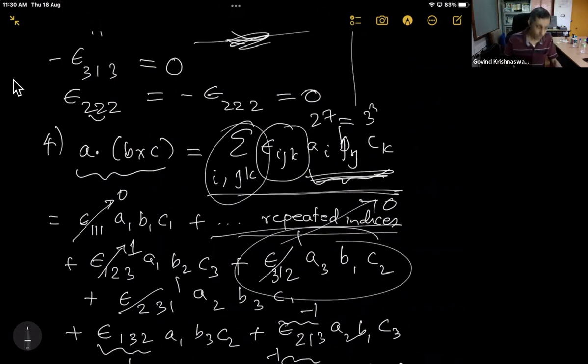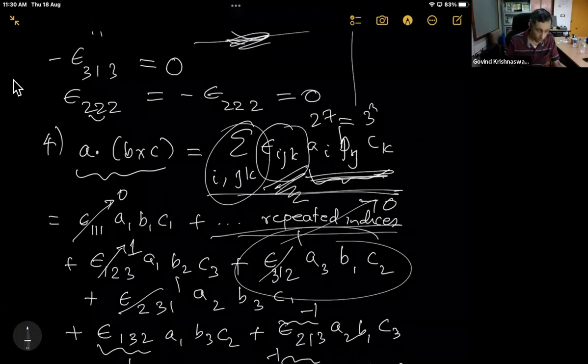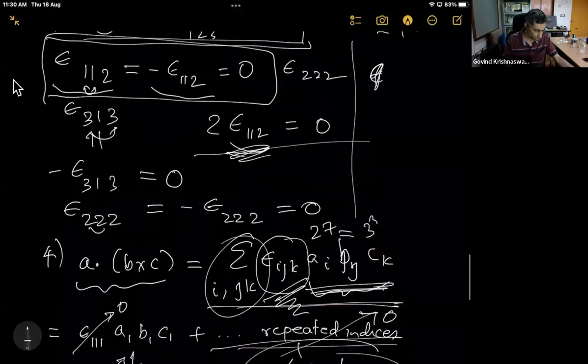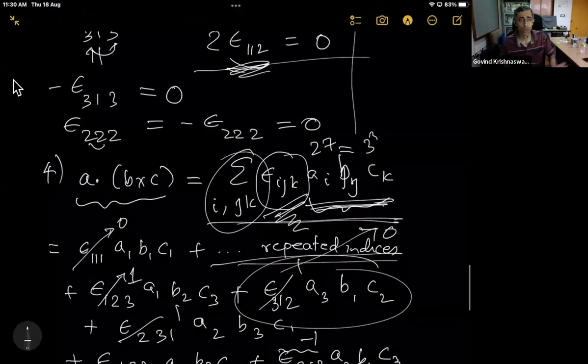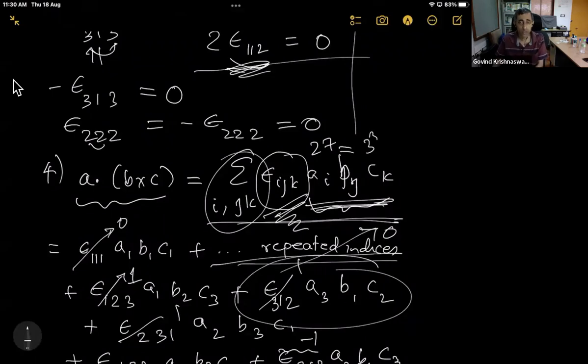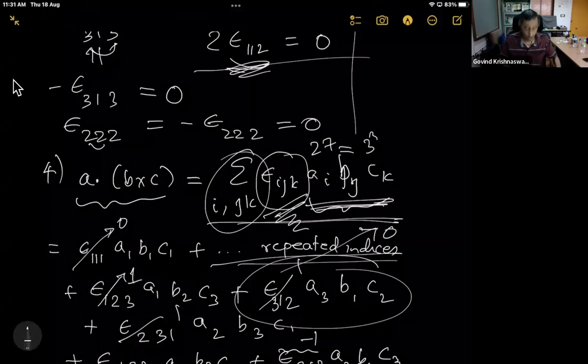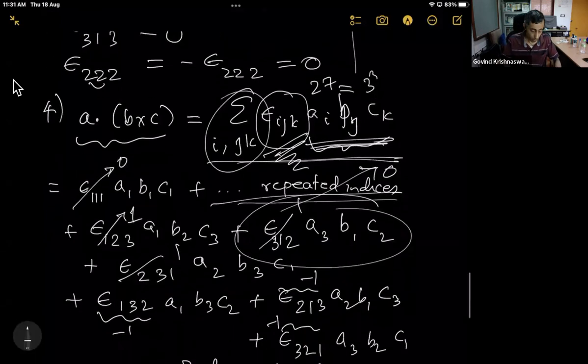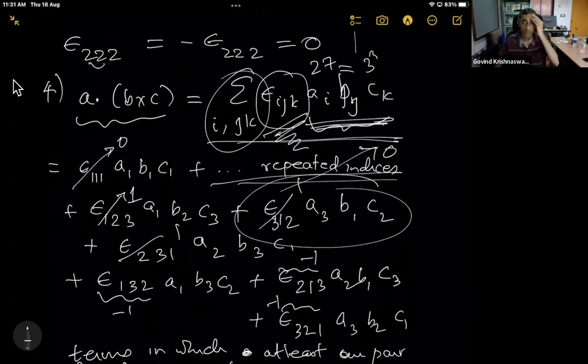But to simply use some result from elsewhere about what the values of epsilon ijk are is not acceptable if you are not going to derive it from the two defining properties. It's not adequate to simply state from somewhere else that epsilon vanishes if two indices happen to be the same. Please deduce it. Any question about that?